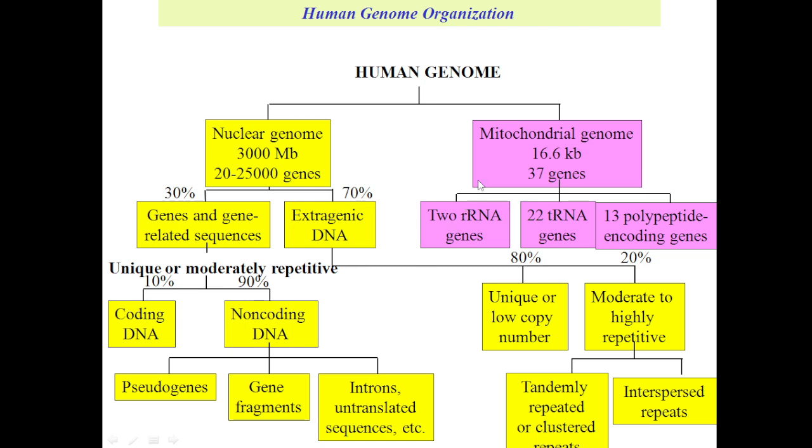And the mitochondrial genome, where you can see 2 ribosomal RNA genes, 22 transfer RNA genes, and polypeptide coding genes. All of it is very conservative.